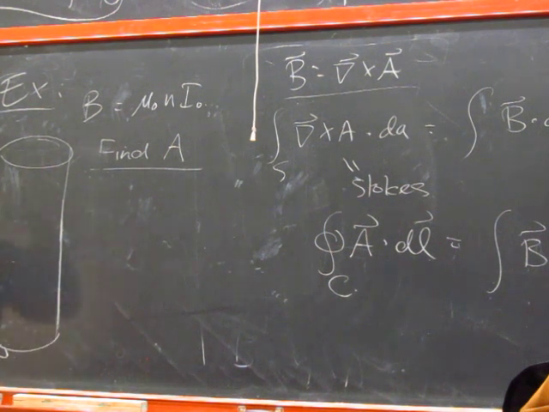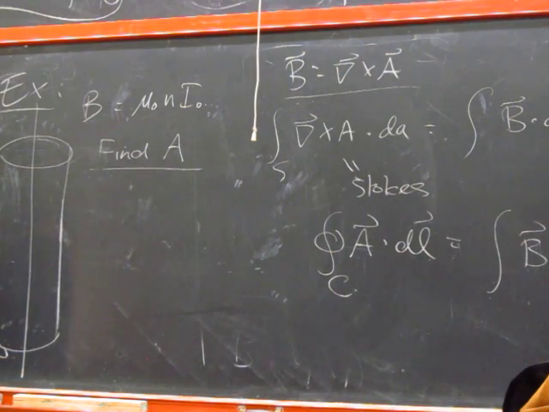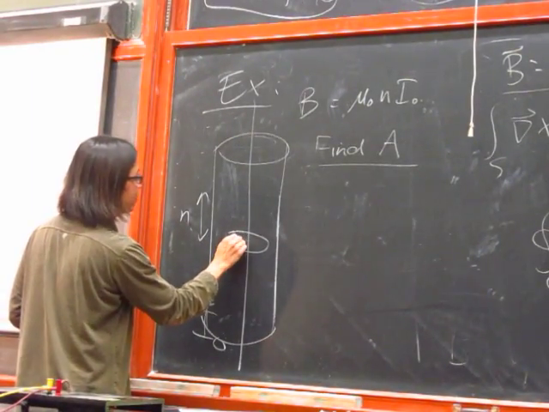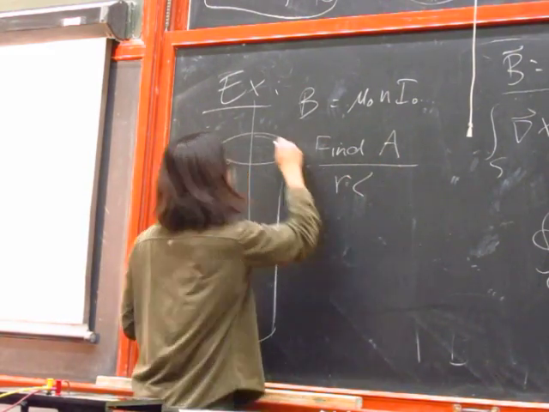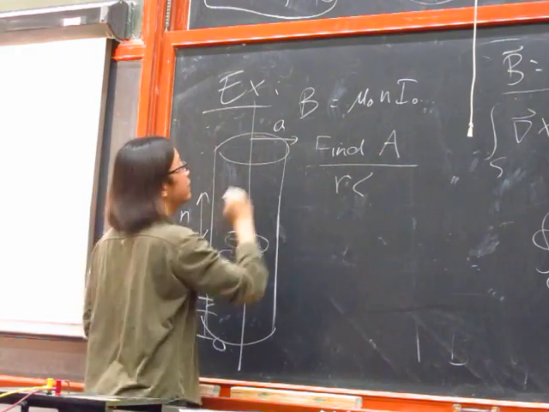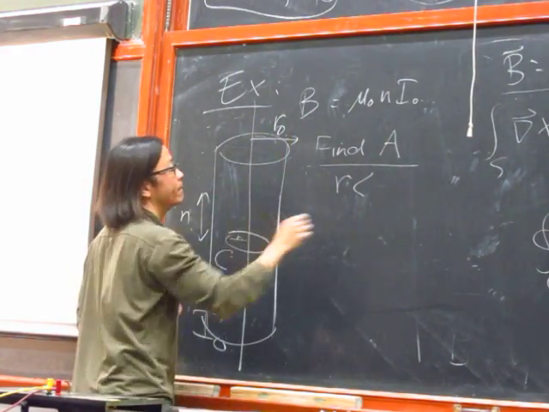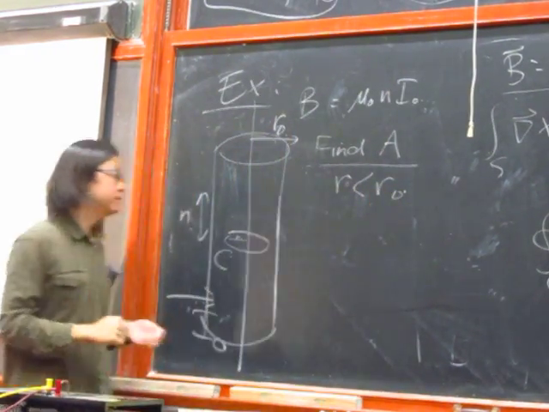There's current along the perimeter of the cylinder, and this is the center here. Let me consider a loop C with radius r, finding A inside, r less than r naught, which is the radius of the solenoid.